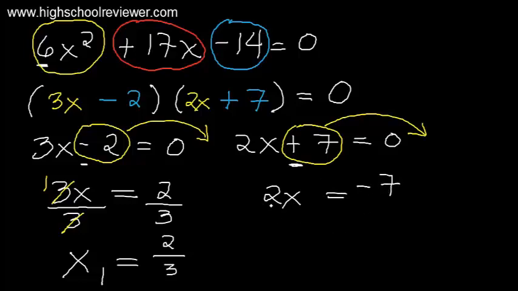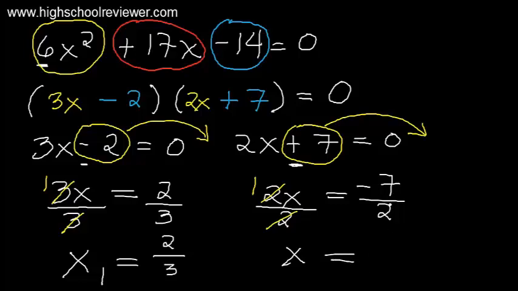And to solve for x, we need to cancel out 2 here. So to cancel 2, divide both sides of the equation by 2. So 2 divided by 2 will be equal to positive 1. So cancel that out. 1 multiplied by x is equal to x.